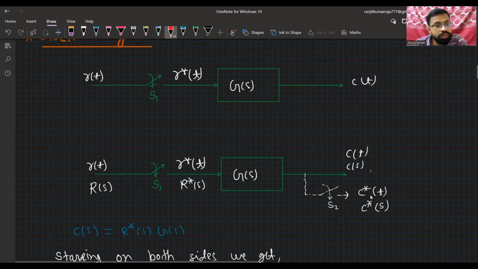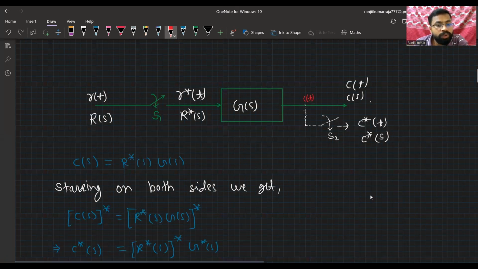So here R of t, R star of t, G of S. Here we apply another sampler, and this is C of t, that is C of S we can say, and we provide it to the sampler, and after the sampler it becomes C star of t.